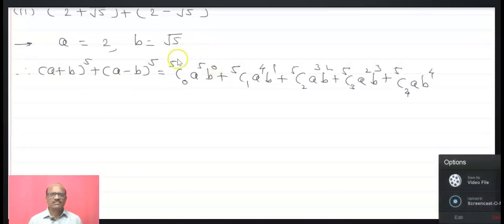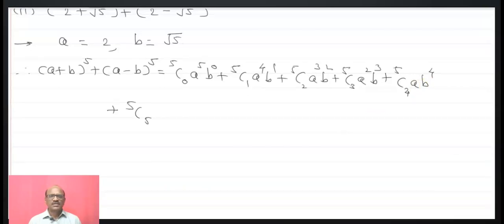Here is 5C0 a raised to 5 b raised to 0 plus 5C1 a raised to 4 b raised to 1 plus 5C2 a cube b square plus 5C3 a square b raised to 3, 5C4 a raised to 1 b raised to 4, and the next is 5C5 b raised to 5. These are the terms. This is the expansion.